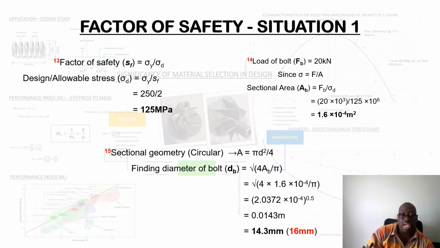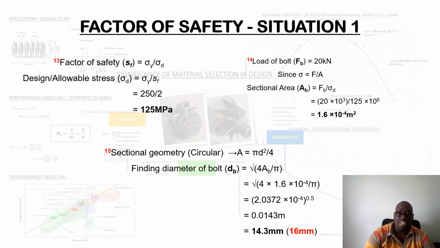When we looked at the bolt example from the previous chapter, I think that was in chapter 6 for shear stress, I made a point that it's always best to look at the nearest stock size, or the nearest off-shelf size in terms of bolts, because bolts are standardized parts.